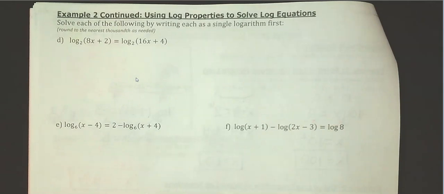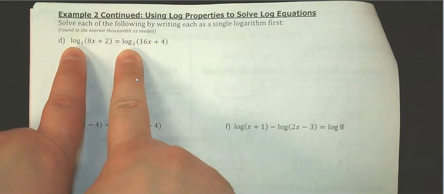Okay, so I have log base 2, 8x plus 2 equals log base 2, 16x plus 4. How would I solve this one? I've got logs on both sides. We could do it like that, yeah, because we could swing it on both sides, or, if you want, do you guys see how these are both base 2?